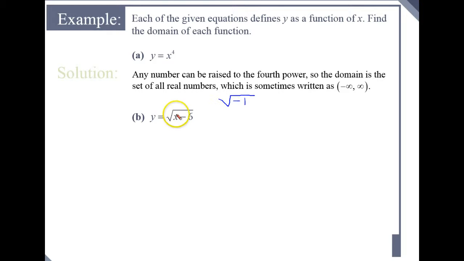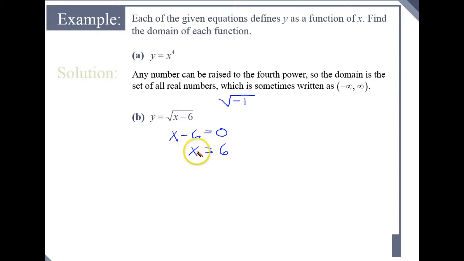So how do you go about determining what the domain of this would be? Well, you take away the radical sign and you just go x minus 6 is equal to 0, because that's the smallest value it can be. Can't be less than 0. Could be 0. So when you solve this, you just transpose the -6, becomes a +6.